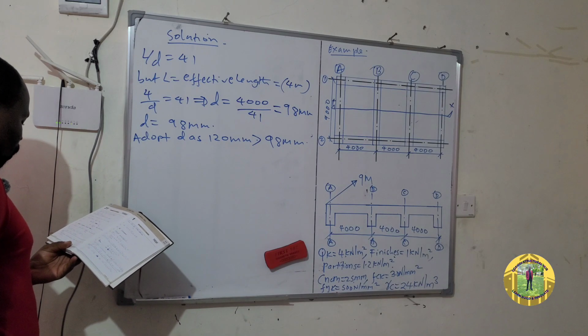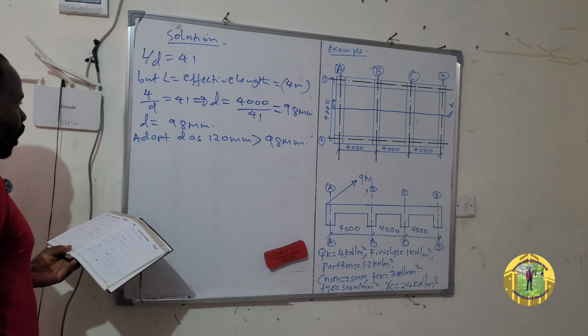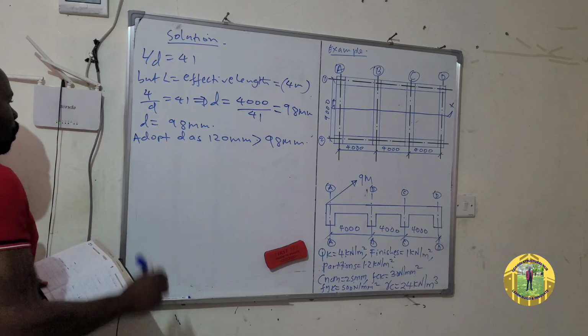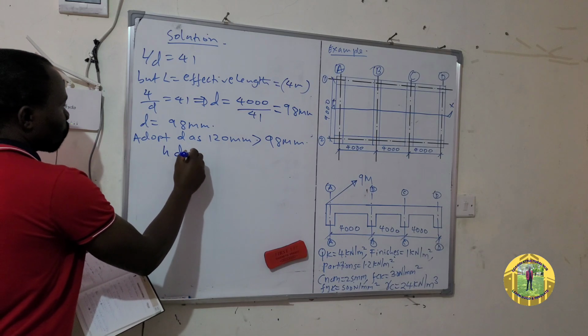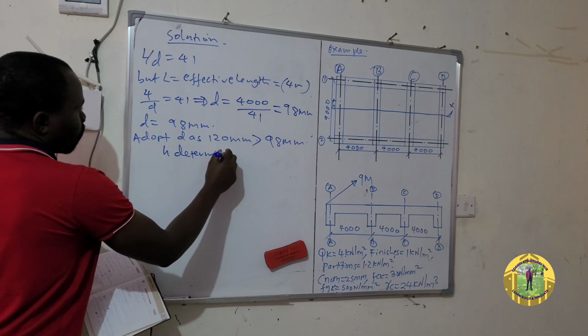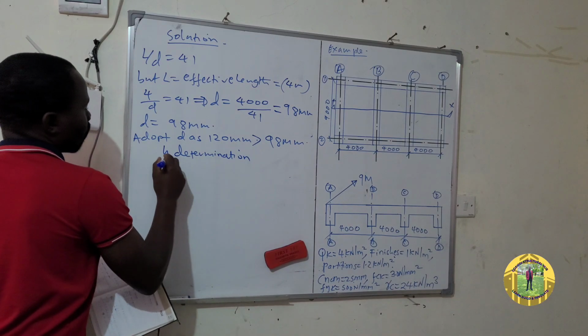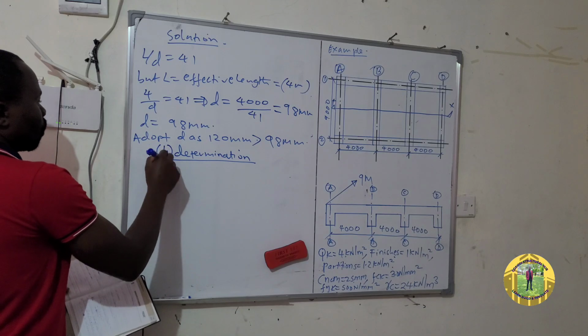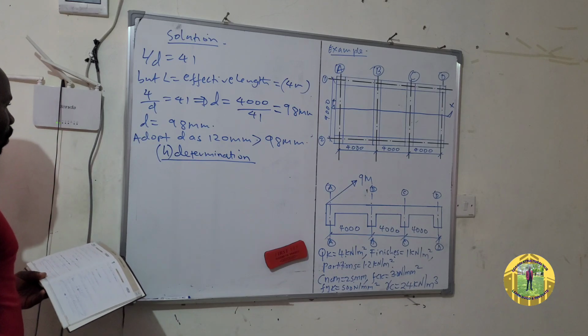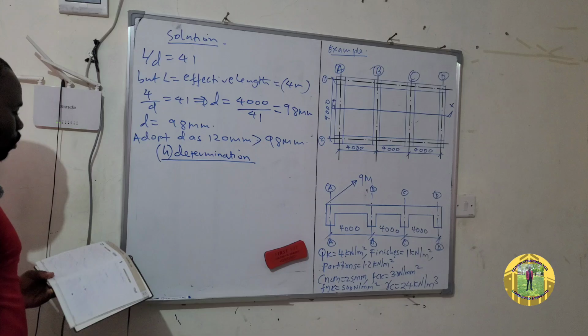Therefore, to calculate H, now H determination. H is the overall depth of this slab.